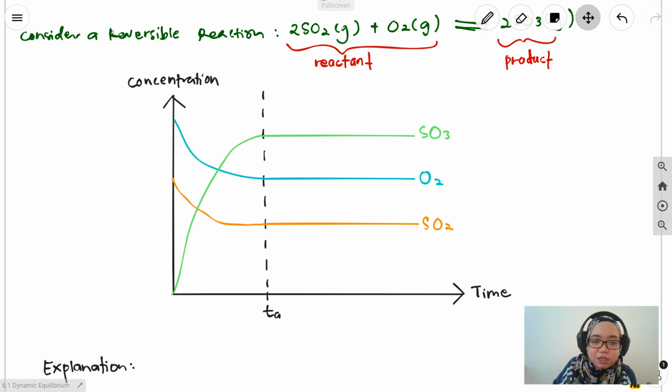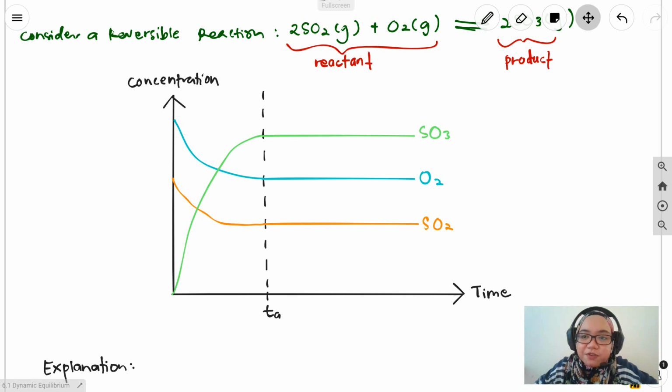So, the concentration of product SO3 increases with time and the rate of reverse reaction increases. Why is that so? Because once the SO3 gas is formed, this SO3 gas will start to decompose back into a reactant.